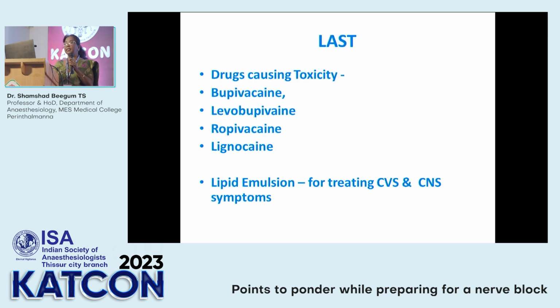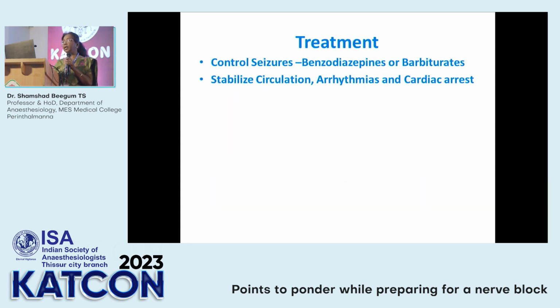For local anesthetic systemic toxicity, the drugs that cause it are bupivacaine, levobupivacaine, ropivacaine, as well as lignocaine, among which lignocaine is the least likely to produce complications, and lipid emulsion is for treating the cardiovascular as well as the central nervous system symptoms. These are the symptoms that are produced first.